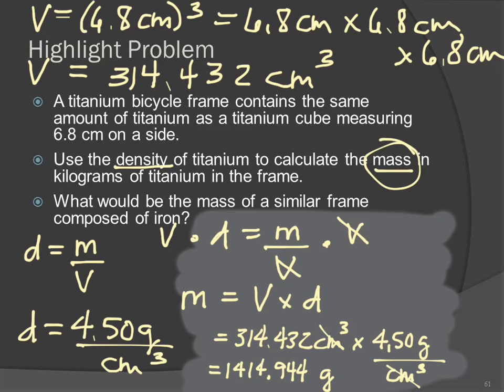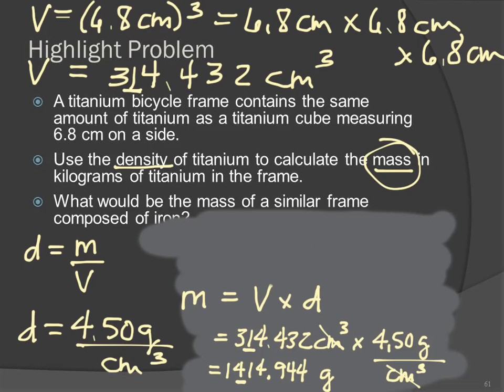Just catching up with our significant figures, which I overlooked. The volume had 2, and it still had 2 over here, which means that our mass has 2 significant figures. Why didn't I get the same answer? I still need to convert to kilograms. So we'll go up here and get rid of those guys.